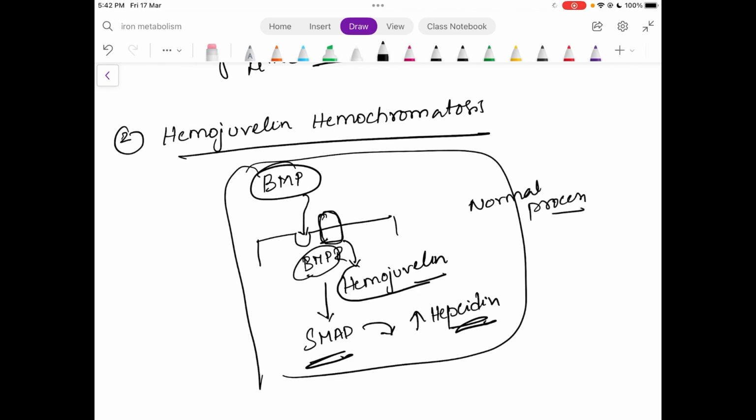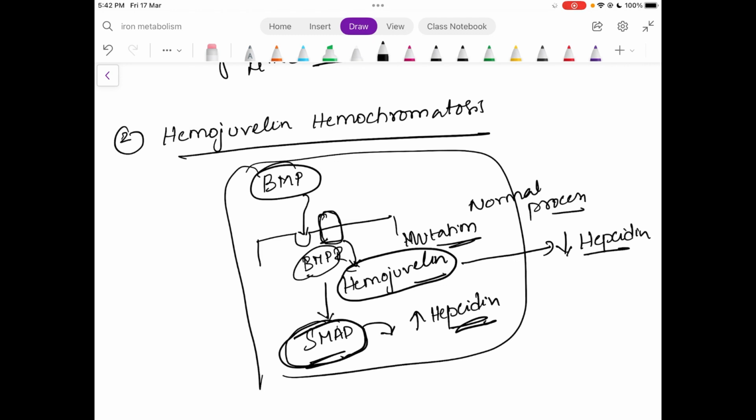Whenever there is a mutation in hemojuvelin, then this SMAD cannot be stimulated. If this SMAD is not stimulated, then mutated hemojuvelin causes decreased hepcidin synthesis. Mutation of hemojuvelin causes decreased hepcidin. If hepcidin is decreased, then increased iron absorption will occur.